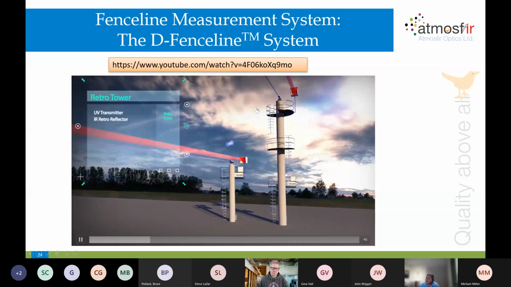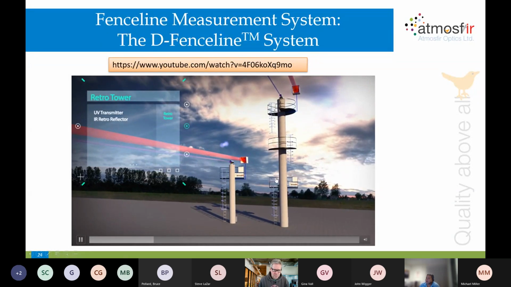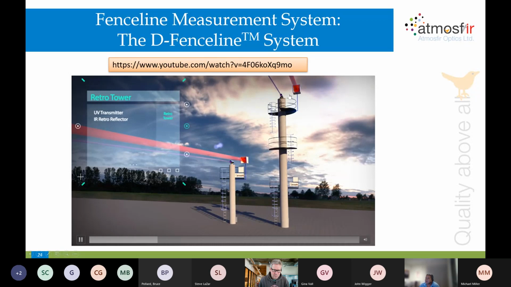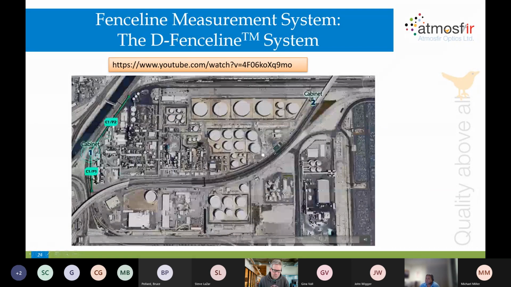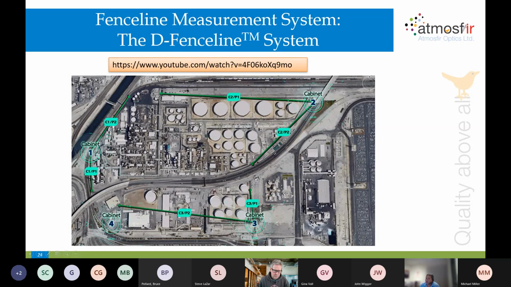On the other side of the cabinet, we've got what we call the retro tower. It's either a retroreflector or a transmitter. Each refinery was surrounded by this optical fence.